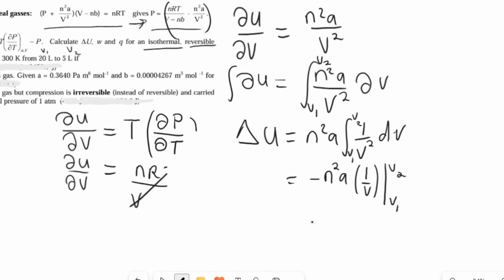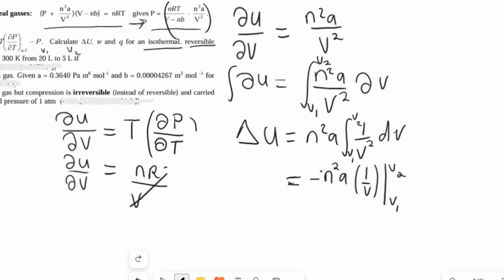But that's small waters, we will be fine. Just remember to put them, please. Immediately when you write something like this, dV, where you're going to integrate with respect to volume, that is given, that the volume keeps on changing from 20 to 5, then that's when you start putting the limits of integration.